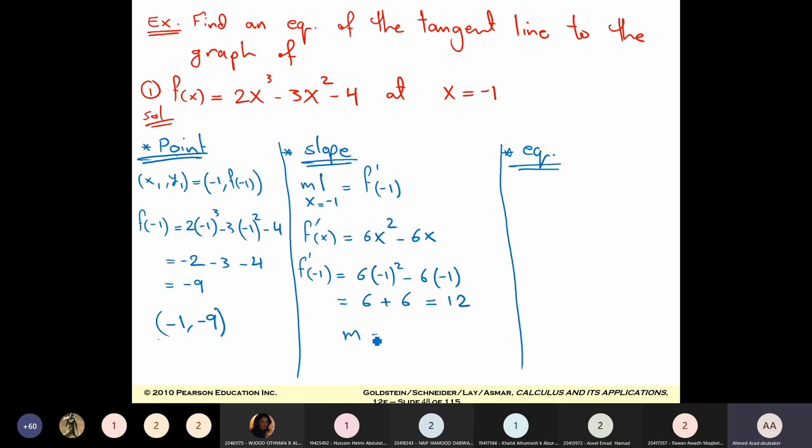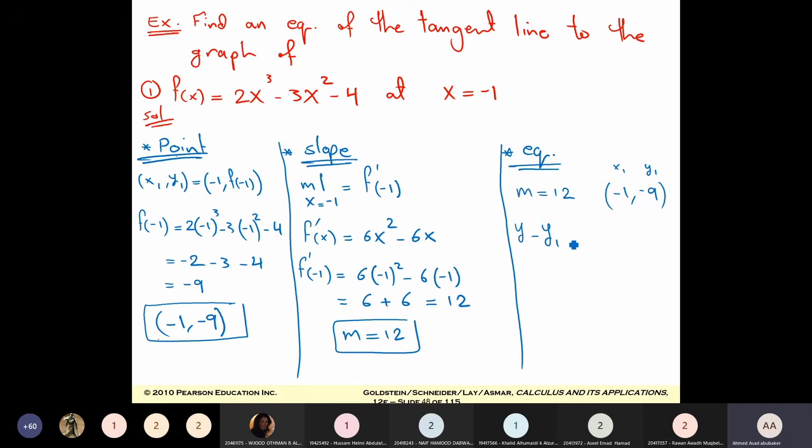Now we have the slope and the point. Now we can write the equation. If we have the slope equal 12 and the point -1 and -9, this is x1 and this is y1, so y minus y1 equals m times x minus x1. y plus 9 equals 12 times x plus 1.